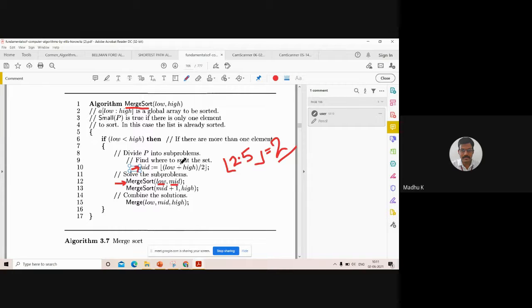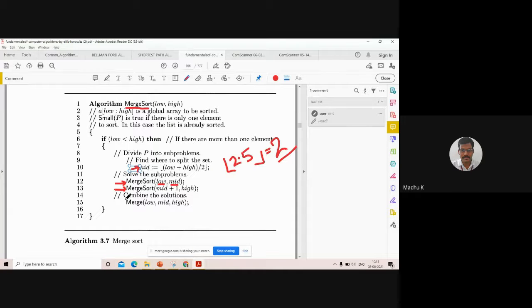Then we will execute the next step: merge sort of mid plus 1, high. We will call merge sort again with the parameters mid plus 1 and high. In this way, we will recursively divide the problems.